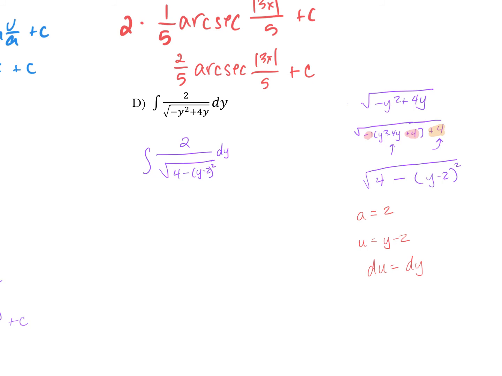Okay, I'm gonna pull this 2 out front. So that dy just becomes du over the square root of a squared minus u squared. Now does this look like one of our inverse trig functions? Yes.